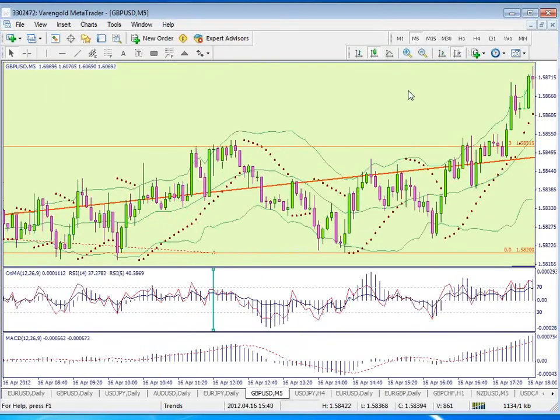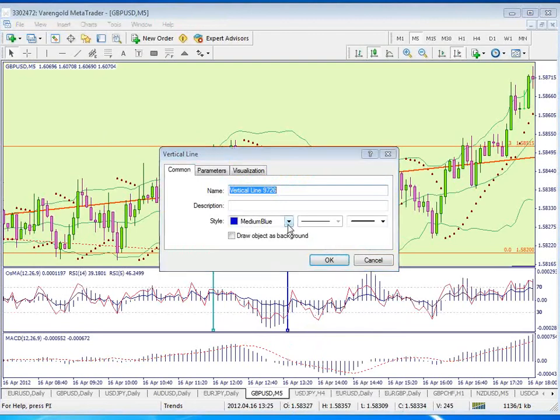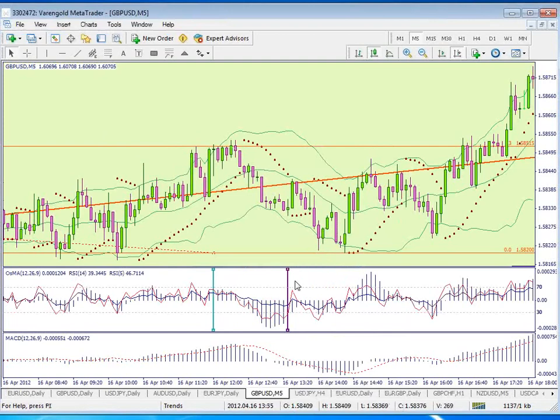On 5 minutes time frame, you will have just a few pips from a signal or so. You have signal here. One other here.